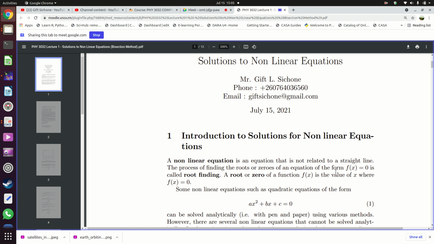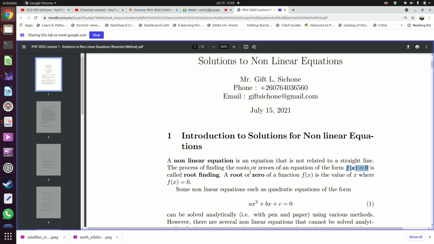When you're talking about an equation, you're talking about something of this form: f of x equals something. When you're talking about finding a solution, then f of x has to be equal to 0. So the solution in this case is the value of x where this function f of x gives you 0.